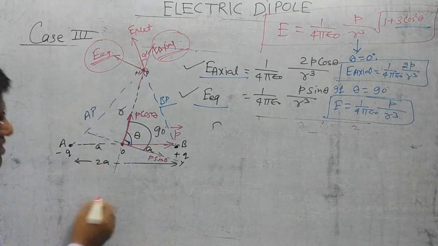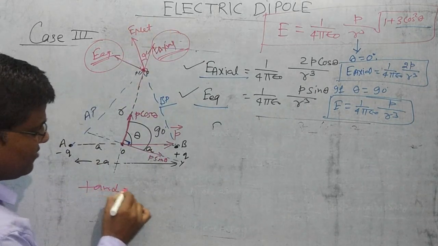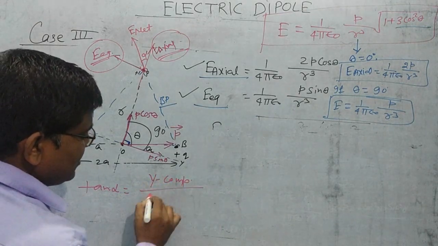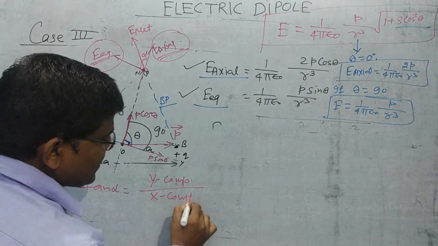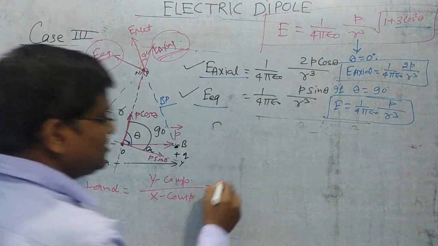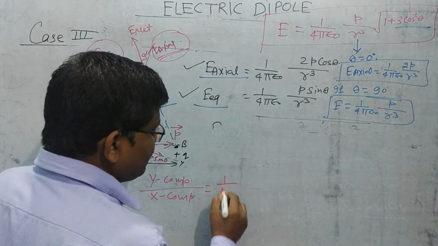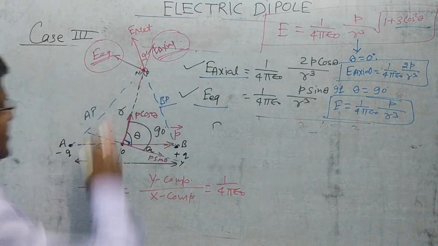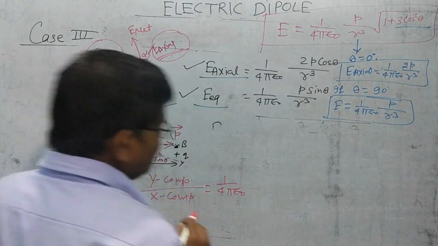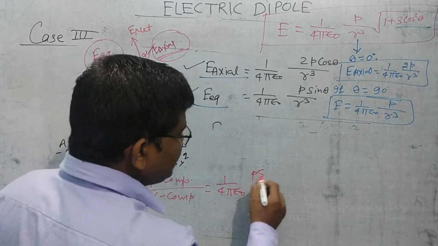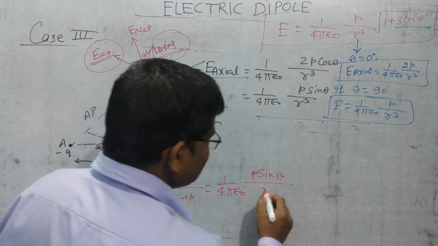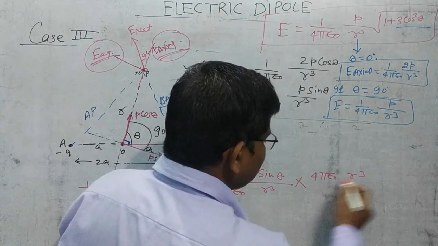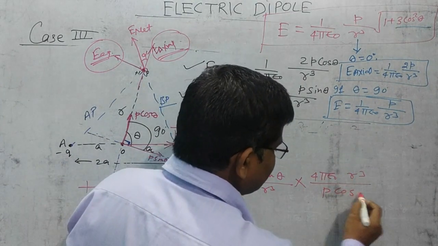Then the direction of the net electric field is tan alpha equal to simply the y component over the x component. Y component is 1 by 4 pi epsilon naught, the equatorial, p sin theta by r cube, into 4 pi epsilon naught r cube by 2p cos theta.